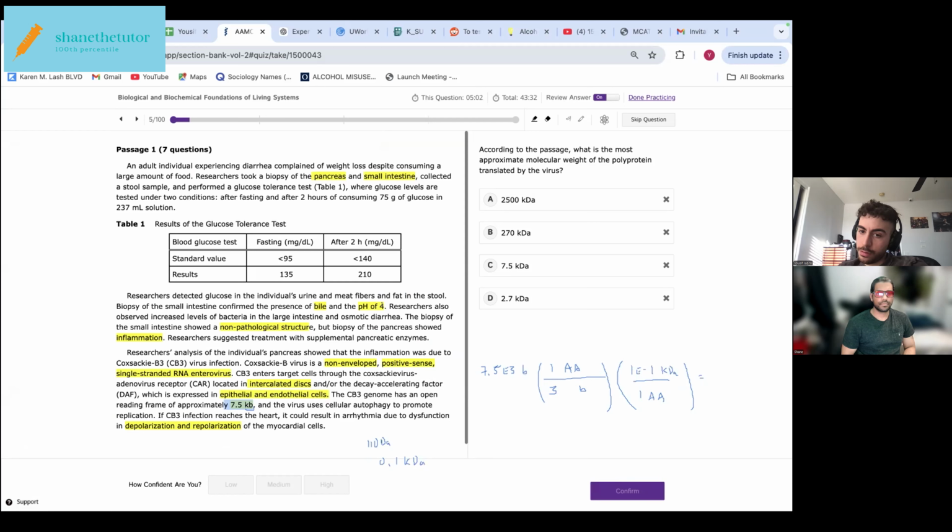So 7.5 times 10 to the 3 times 1 times 10 to the negative 1. On the top you would have 7.5 times 10 to the 2 over 3, in kilodaltons.